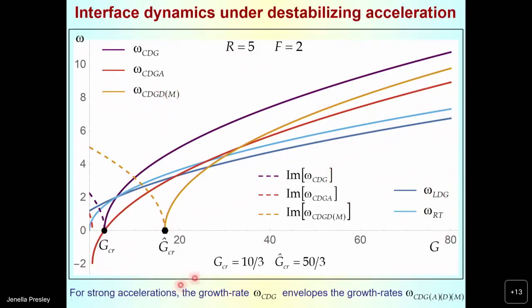The letter G stands for gravity. So what we see is that for strong accelerations, the growth rate for conservative dynamics for ideal fluids that is strongly accelerated envelopes all other growth rates, which is quite important, because in this case we can always tell what would be the worst case scenario.